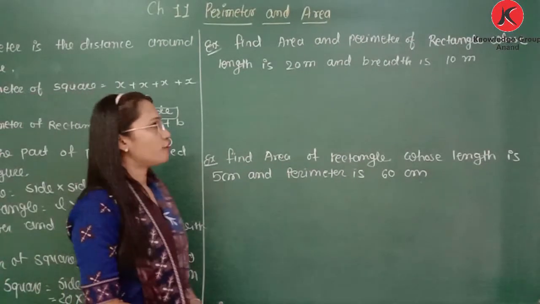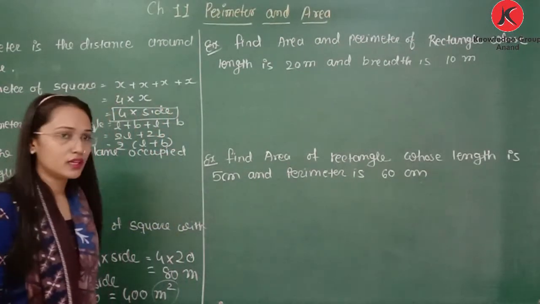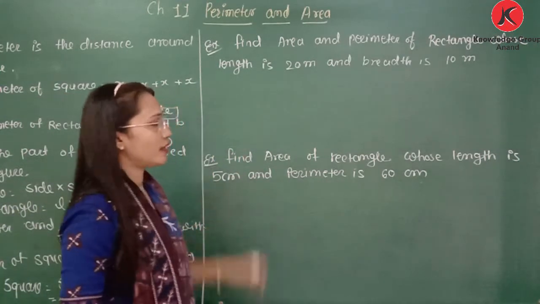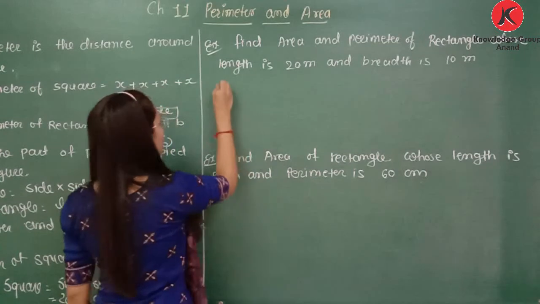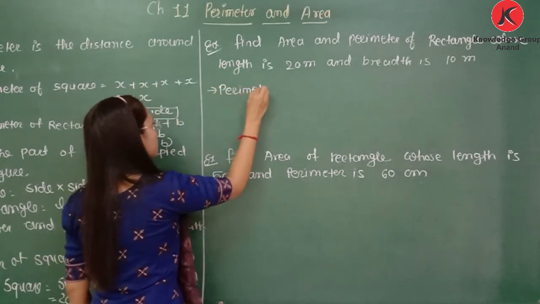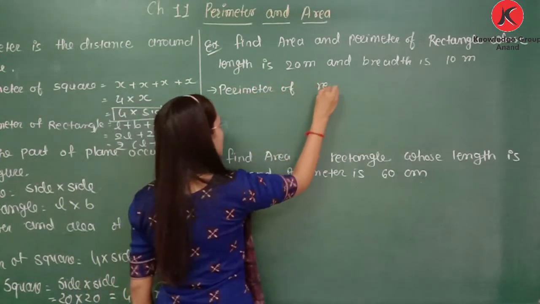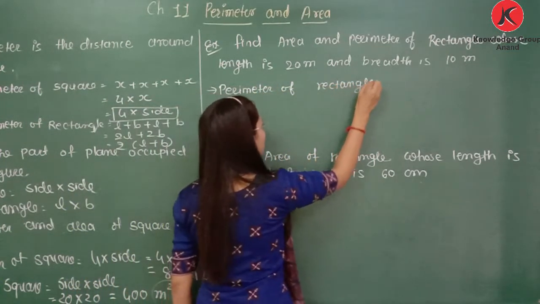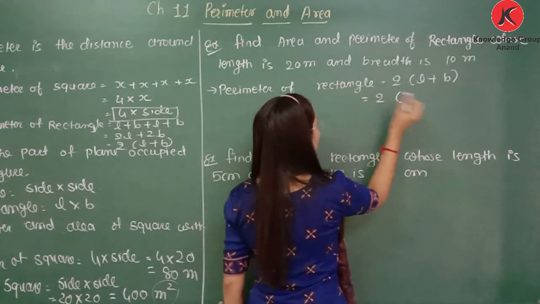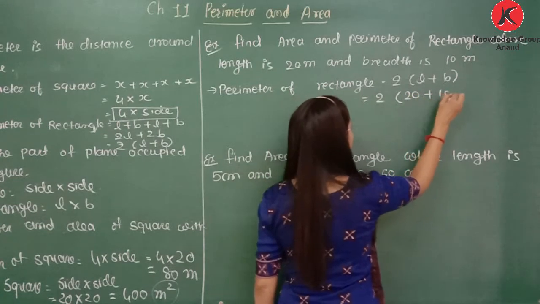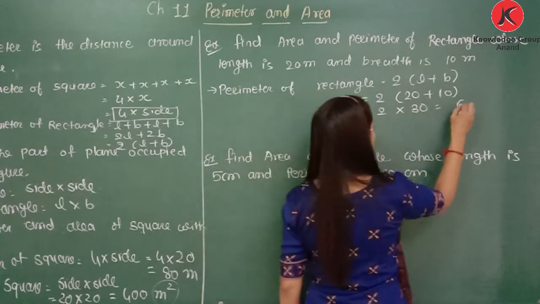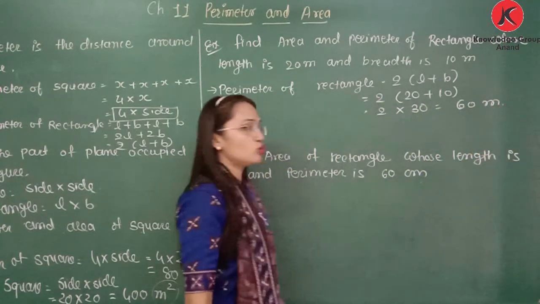Now next, find the area and perimeter of a rectangle whose length is 20 meter and breadth is 10. So perimeter of a rectangle, what is the equation? Equation is 2 inside the bracket L plus B. Length is 20 and breadth is 10. 10 plus 20 is 30. 2 will be in a multiply.